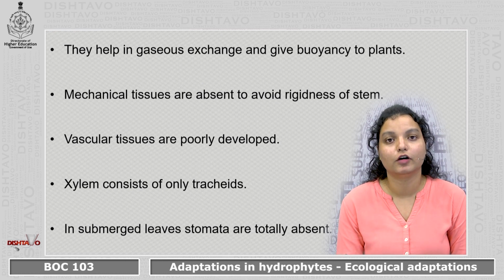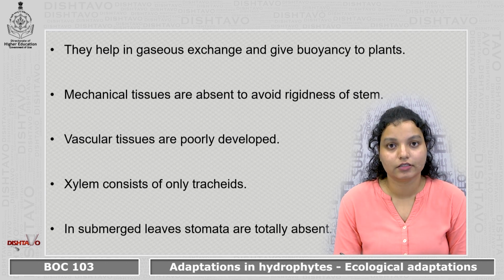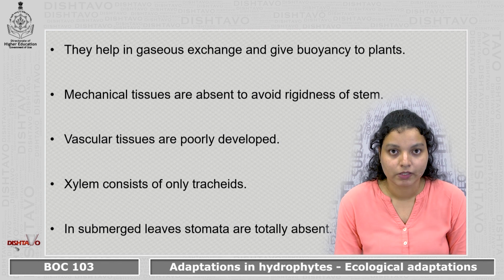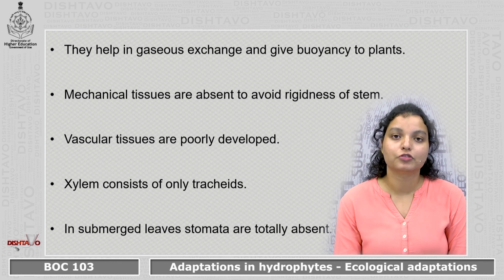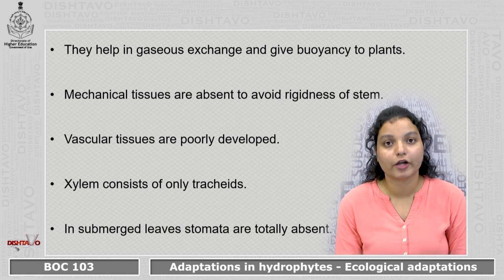Xylem is made up of 4 important elements: vessels, tracheids, xylem parenchyma, and xylem fibers. These are usually all found in mesophytes, because they are highly required there.